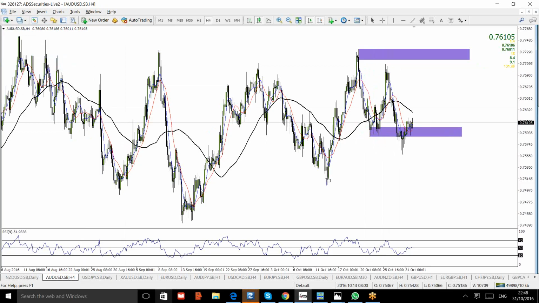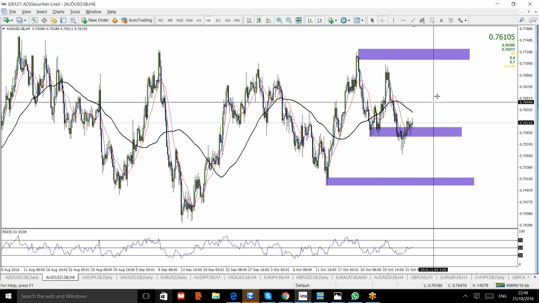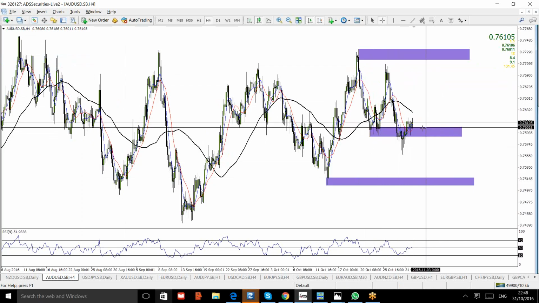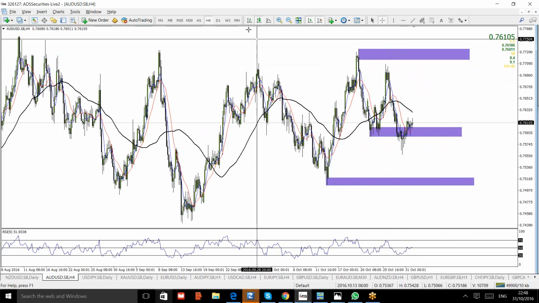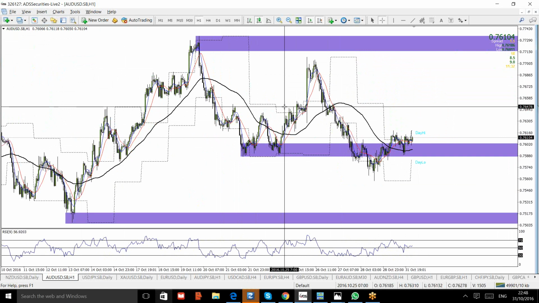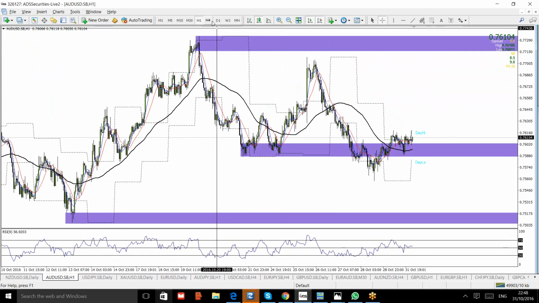4 hours is the best one because then you will have decent space between each supply and demand zone to trade with. Make sense, guys? You can do it on 1 hour, but then the problem is they will be close to each other, so your chart will be so crowded that you wouldn't understand which one to use. Make sense, guys?